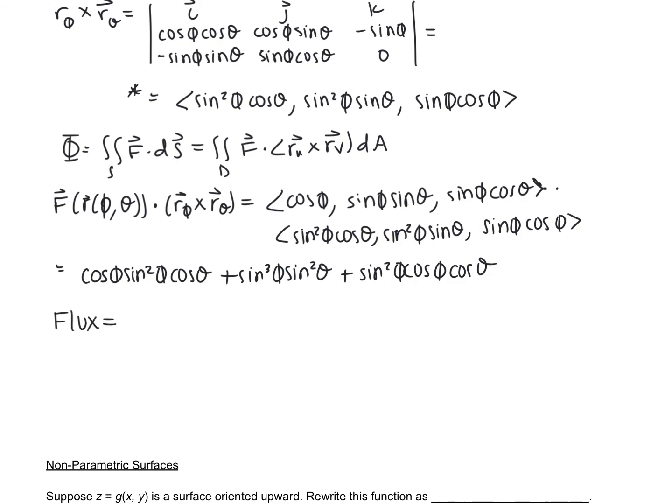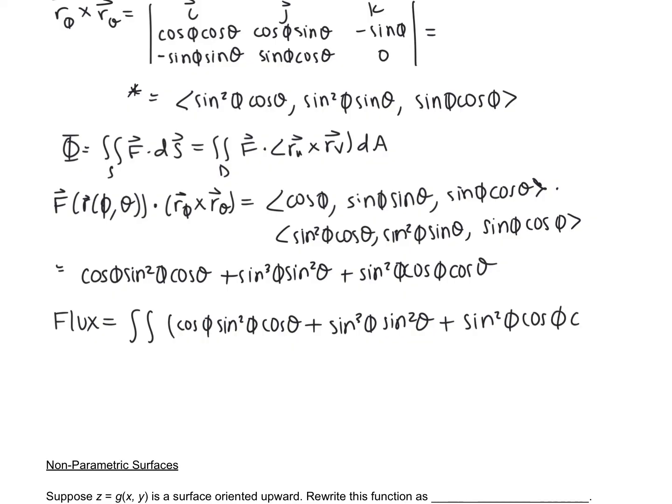So now finally, we are ready to go to our flux. This is going to be a double integral of that dot product from above. And then convention is to integrate with respect to phi and then theta. Remember, we talked about the bounds: phi from 0 to pi, theta from 0 to 2 pi.